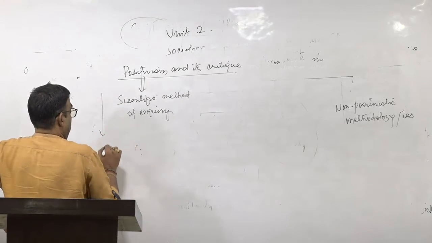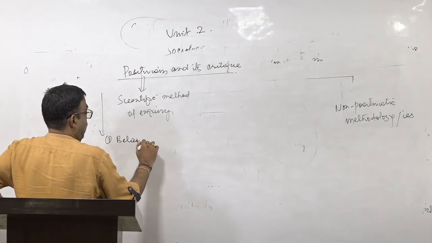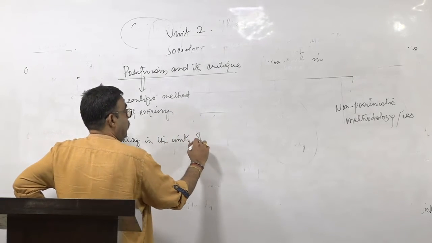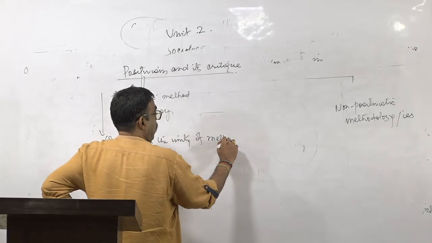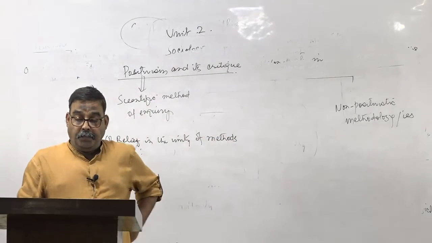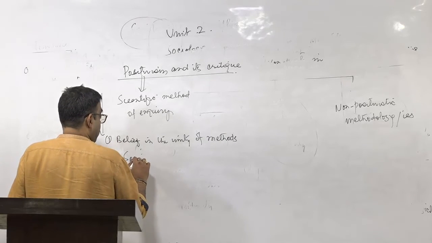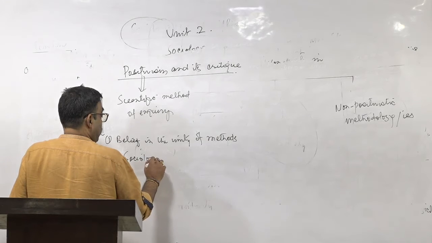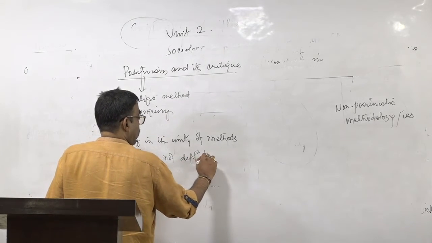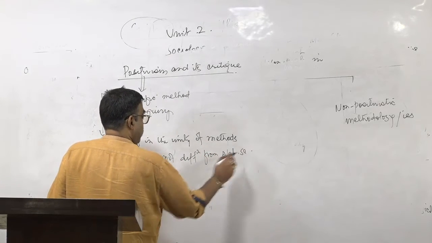Number 1, belief in the unity of methods. Number 2, sociology not different from natural science.